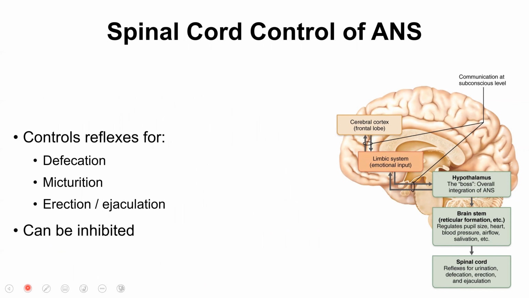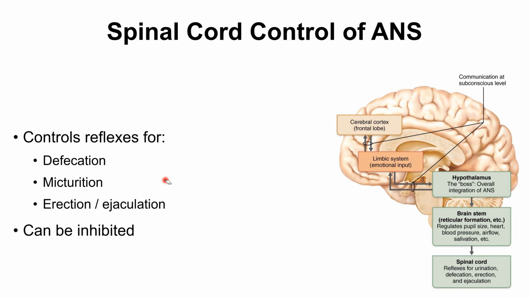And then finally, in terms of the spinal cord down here, the spinal cord is going to control autonomic reflexes for defecation, micturition, which is just the fancy word for peeing, and then also for erection and ejaculation.